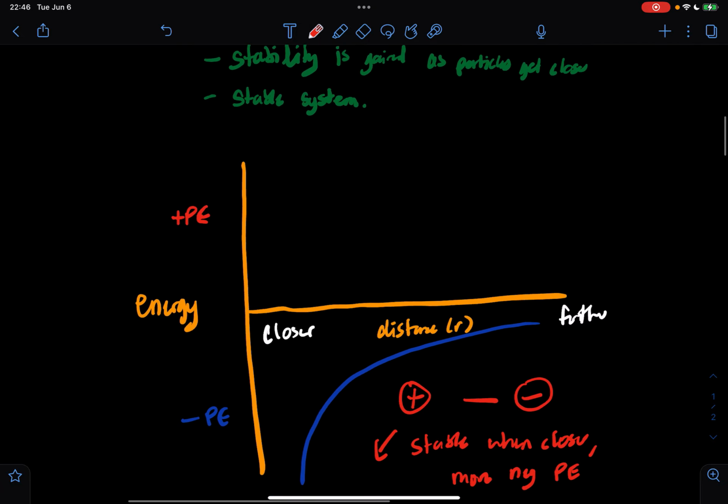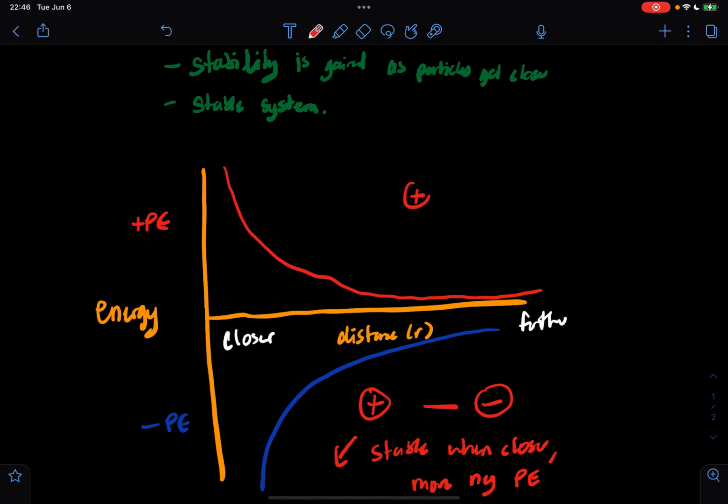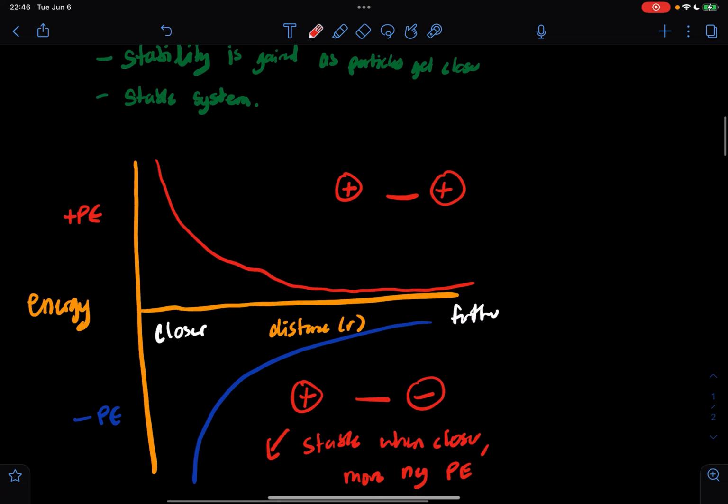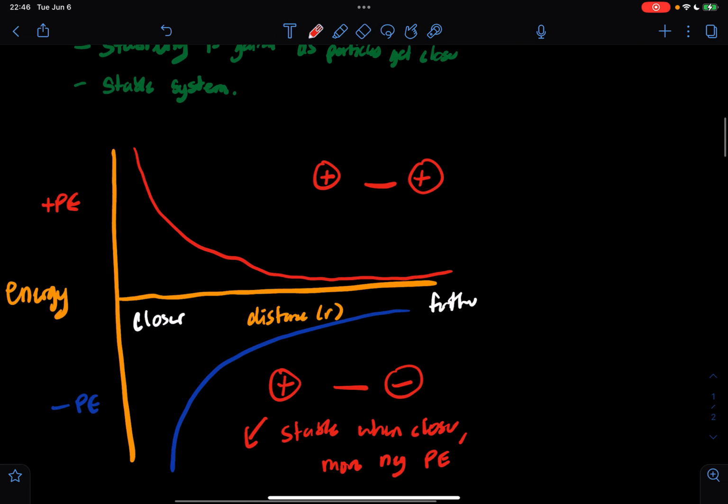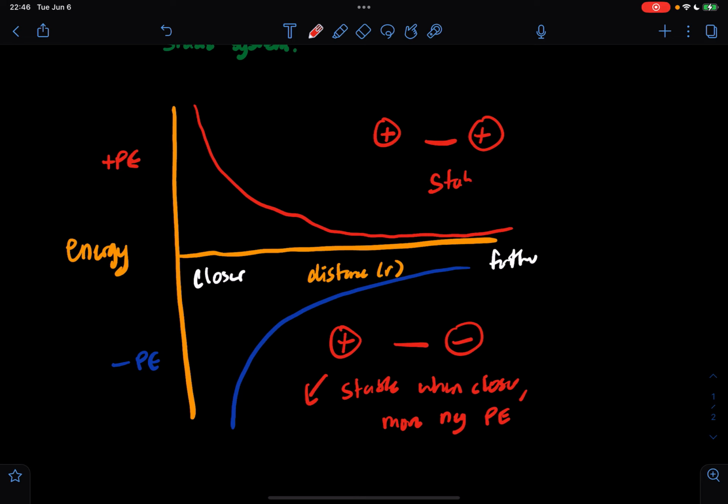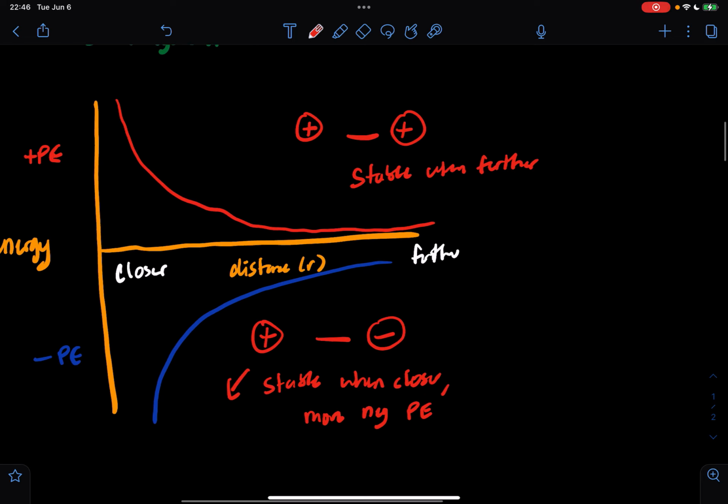Now, when we're talking about positive potential energies, we're saying that as the particles get further and further apart, we're gaining stability. And this is because their potential energy becomes less positive. So stable when further, more or less positive potential energy.